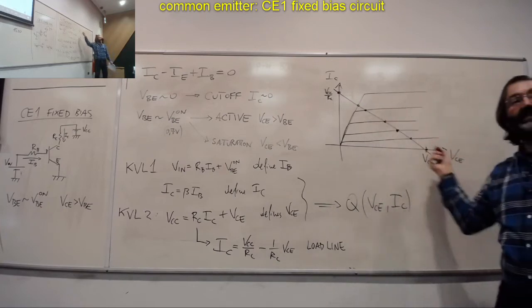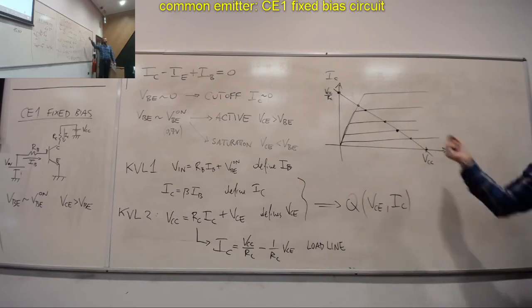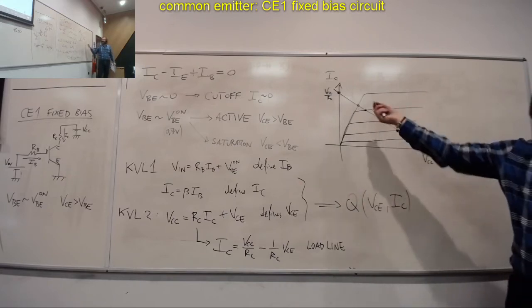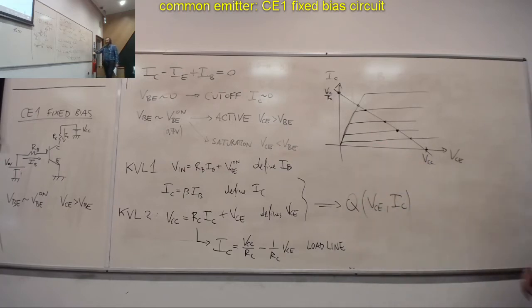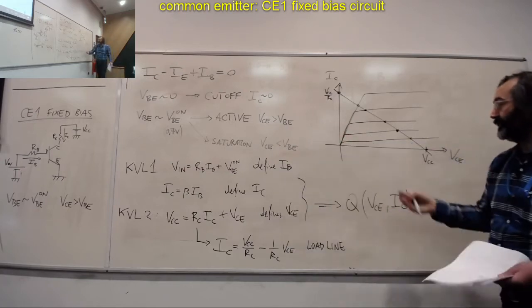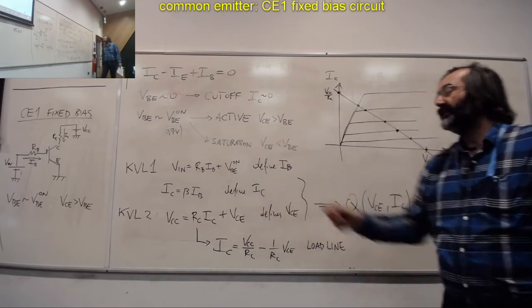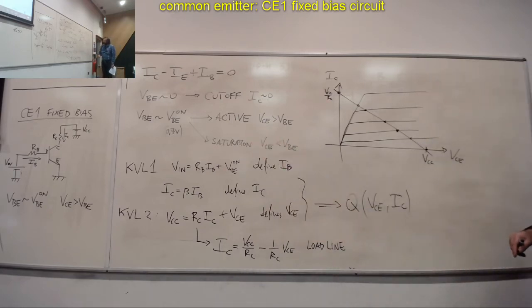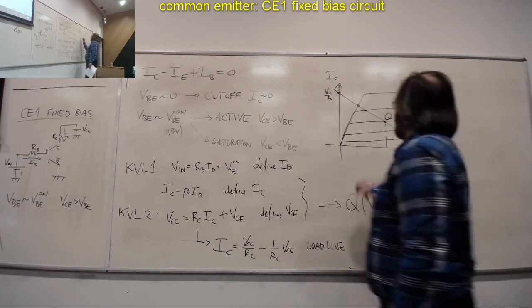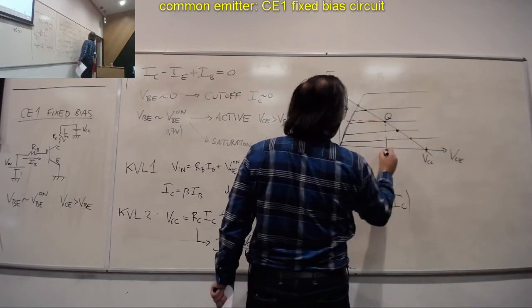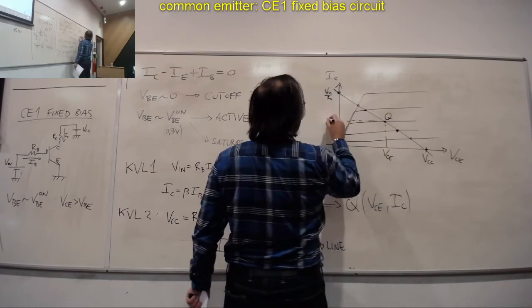Q always stays on the load line. The specific Q in the end depends on the specifics of the circuit, so the values of RC, RB, and so on and so forth. For example, let's say this could be the Q, and so this is VCE, and this is IC.